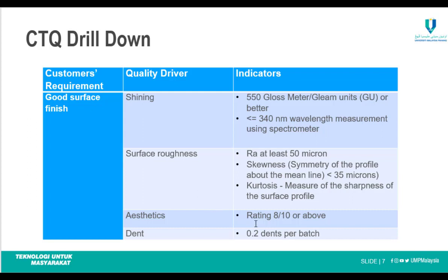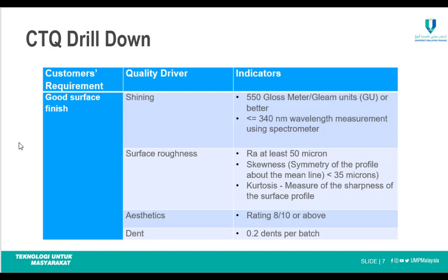Then for aesthetics, maybe a rating of 8 out of 10 or above. Then the dent, 0.2 dent per batch. This means that we are processing the parts in a batch of maybe 100 or 50 units, but only 0.2 dents per batch are identified. So if the dent count is less than this number, it means that we have good dent characteristics.